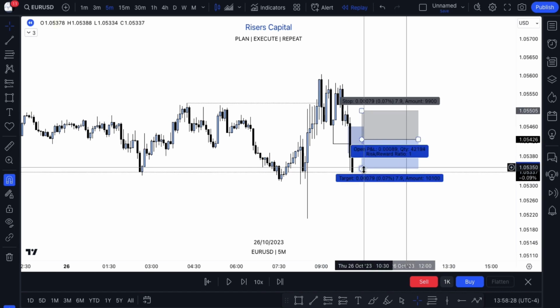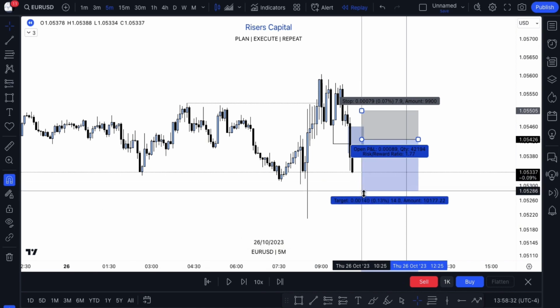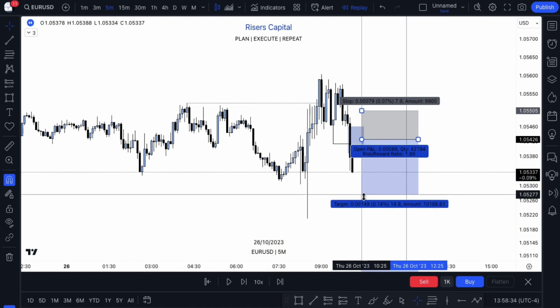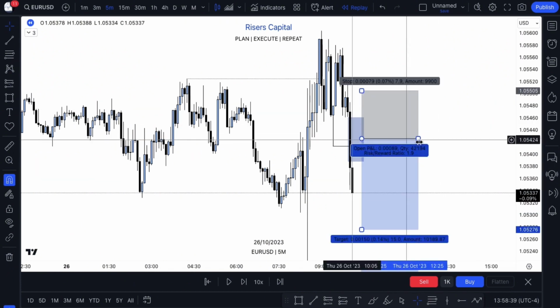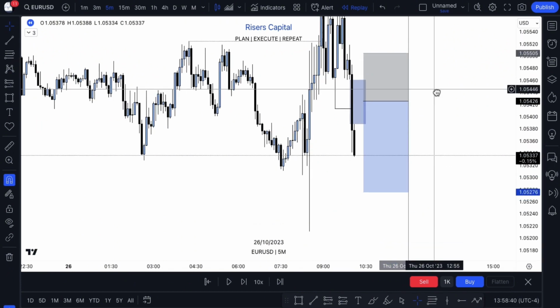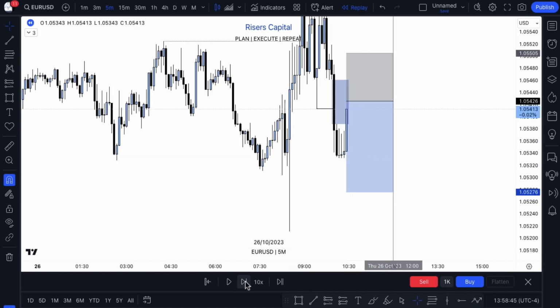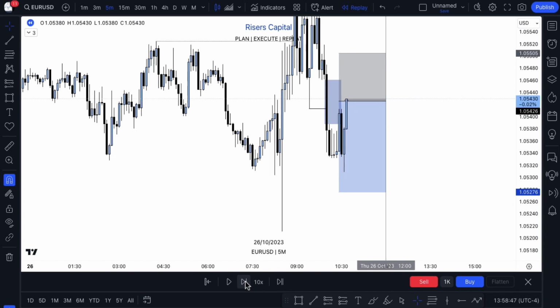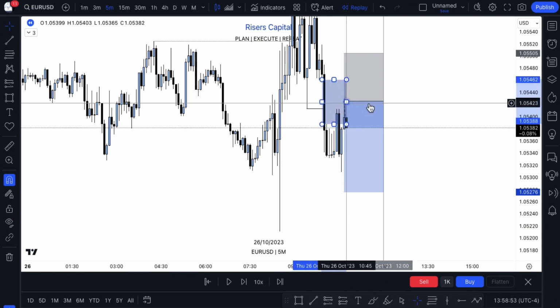And then of course you can target this low, but I want to be safe and target just 15 pips or even 10 pips. It depends. You could take most partials at 10 pips. So let's see what price does. Price comes up, comes into our 50% of the fair value gap, so consequent encroachment.